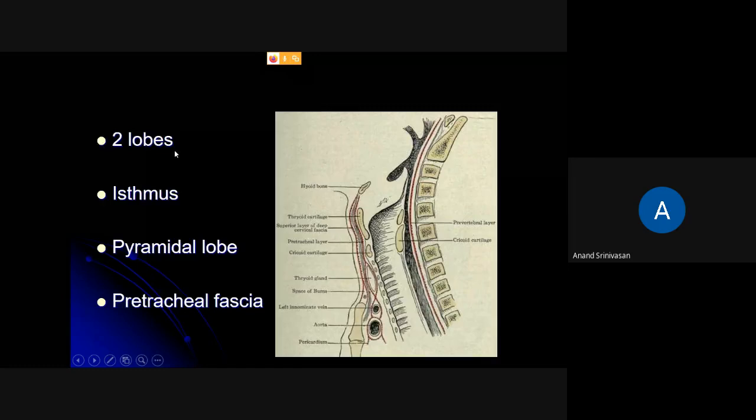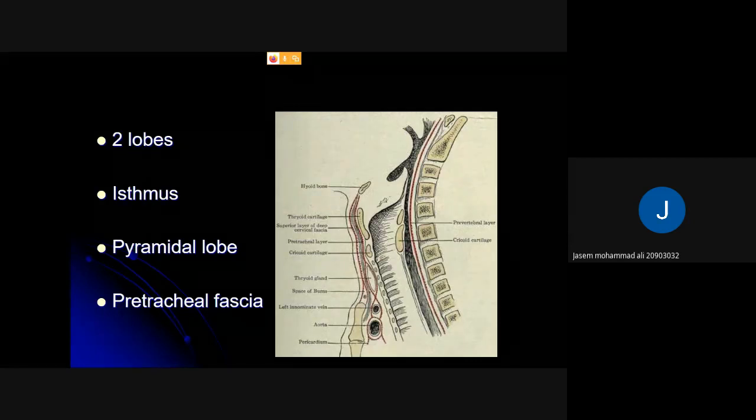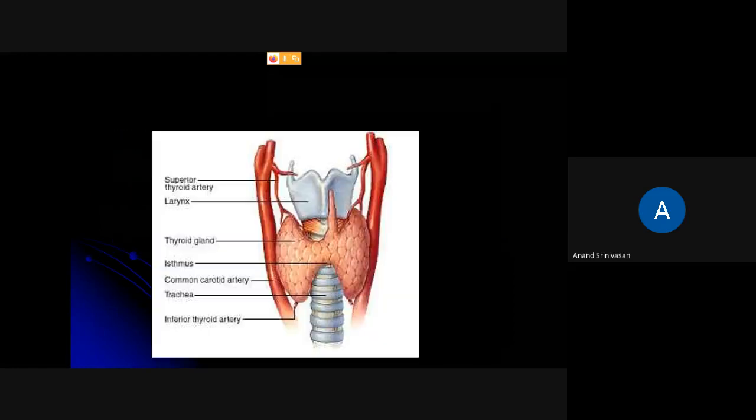So there are two lobes, isthmus and a pyramidal lobe. Doctor, this is now the neck? Yes, this is the sagittal section of the neck. Inside the neck you can see the thyroid gland, with two lobes, isthmus and the pyramidal lobe.